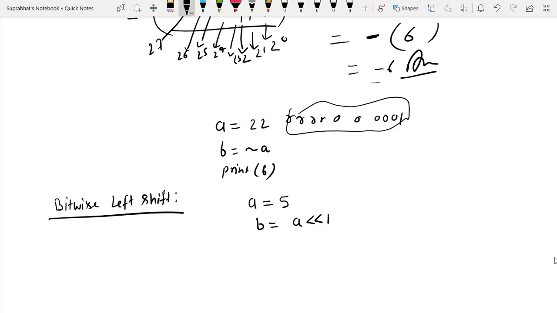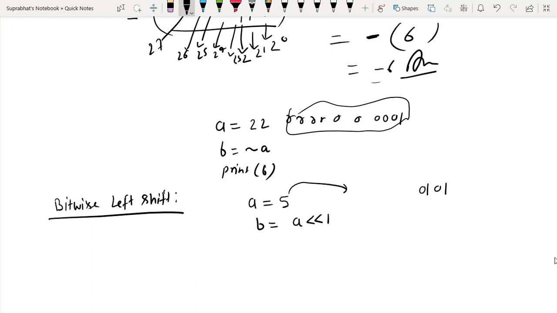What does it mean? The value of a, first of all, will be converted into binary because we are working on bit level. So binary of 5 is 101. We will explain in 4 bit. Suppose I am using 4 bit representation. So this is 0101, that is 5.